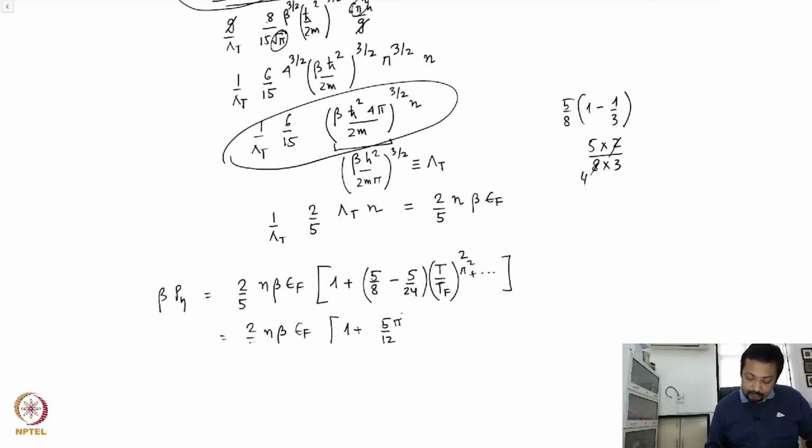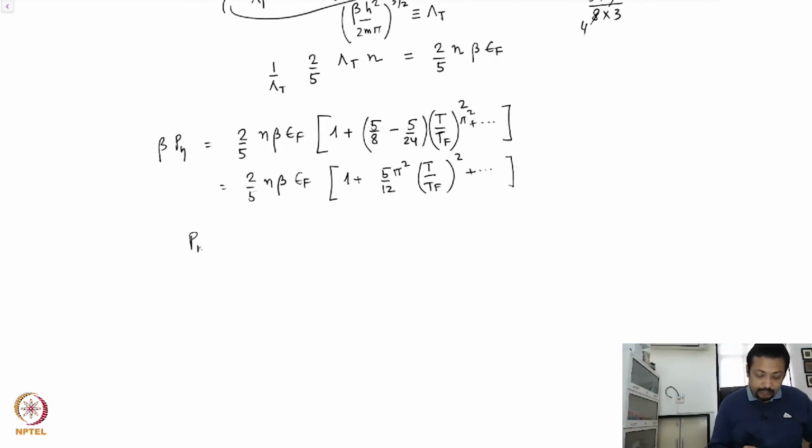So we will have t over tf whole square plus higher order terms. P, the pressure of the Fermi gas, is 2/5 n epsilon f, 1 plus 5 by 12 pi square t by tf whole square plus higher order terms.